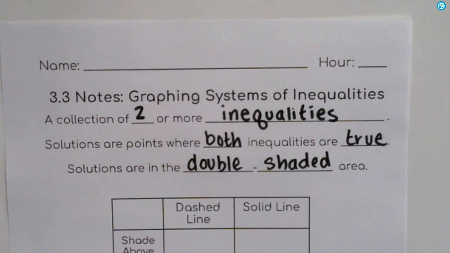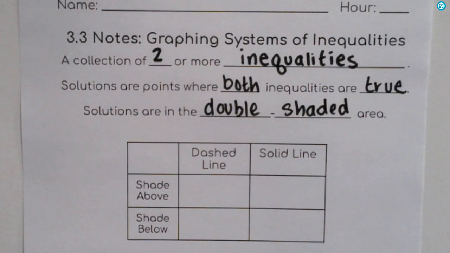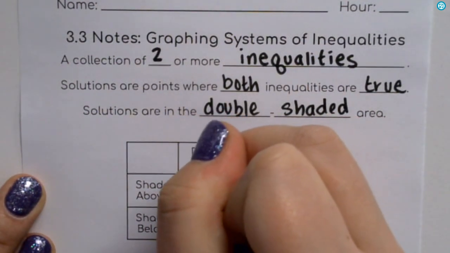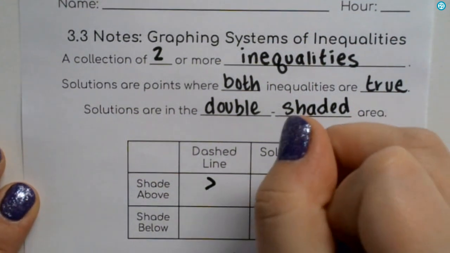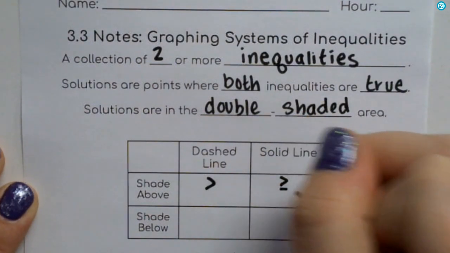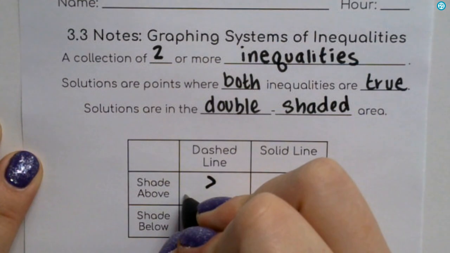Okay, so we've got our four symbols that we are going to use. We shade above a dashed line for a greater than symbol. We shade above a solid line for a greater than or equal to symbol. I'm going to put a little note in here of what these mean.